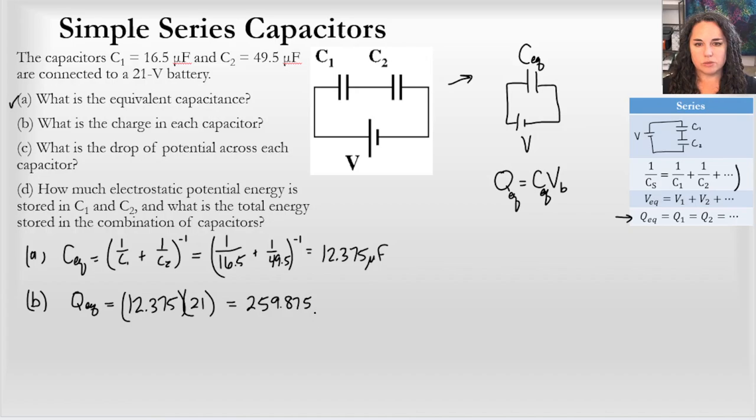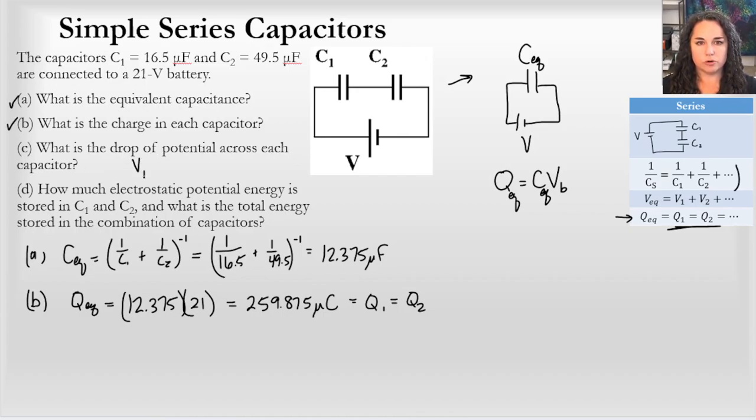And I'm going to keep this in microcoulombs. Okay, so that's Q equivalent. I know that Q1 is also going to equal that, and Q2 is also going to equal that because of this relationship here. What's the charge on each capacitor? Done. What is the drop of potential across each capacitor?